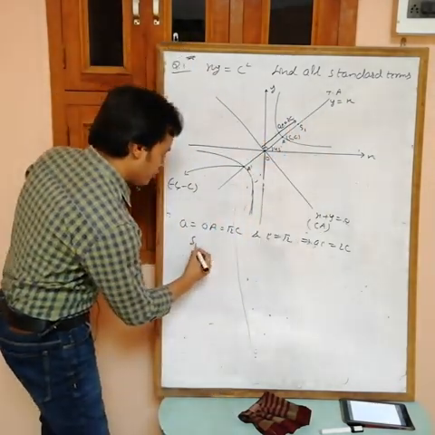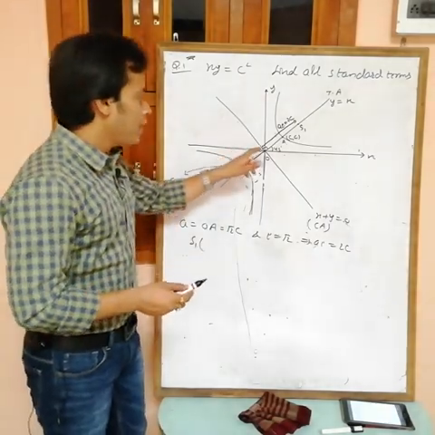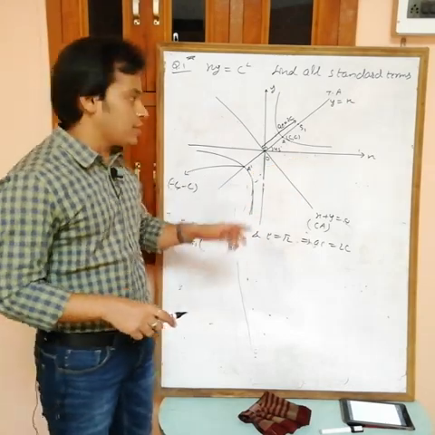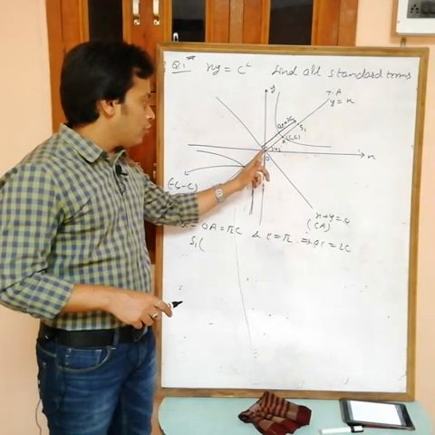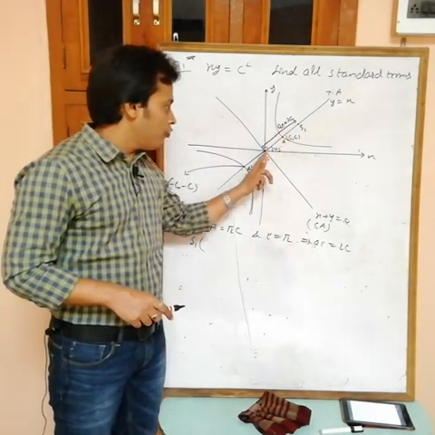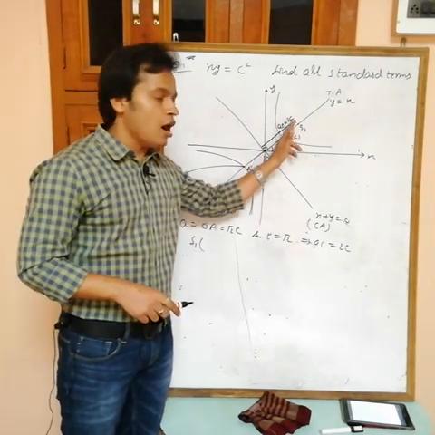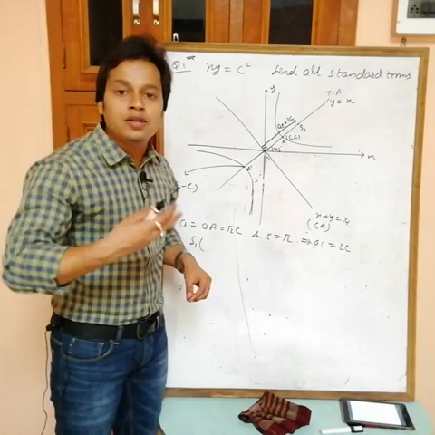Then the coordinate of S1, I can use the parametric form of a line: x1 plus r cos theta comma y1 plus r sin theta, any point lying on a line at a distance r from a fixed point 0 comma 0. So 0 plus r cos 45, the angle is 45 now, and 0 plus r sin 45.